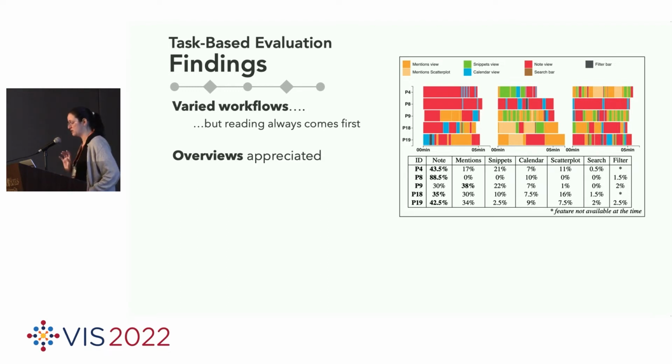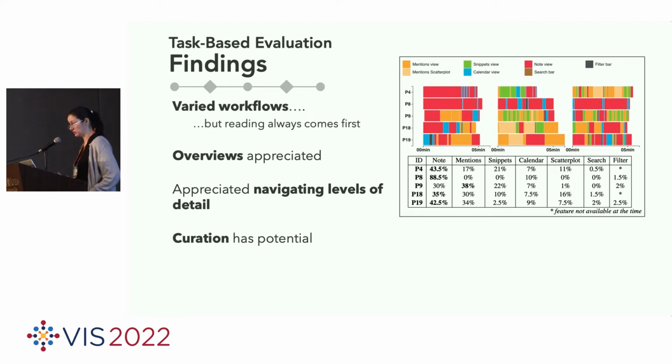Now, even those who use the overview features a lot said that it was really important that the whole overview to details spectrum was supported and that transitioning between these levels was easy. In addition, participants continued to be very positive about curation as a time-saving strategy via past highlights, but also as a support to their ongoing study.